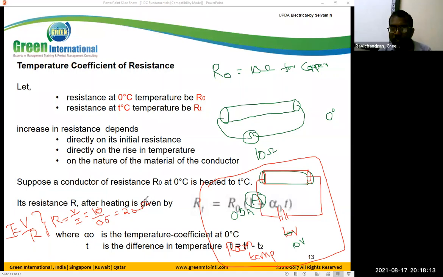So for the same green copper wire, we measured the resistance using the multimeter, the ohm meter, and the resistance is 10 ohm.